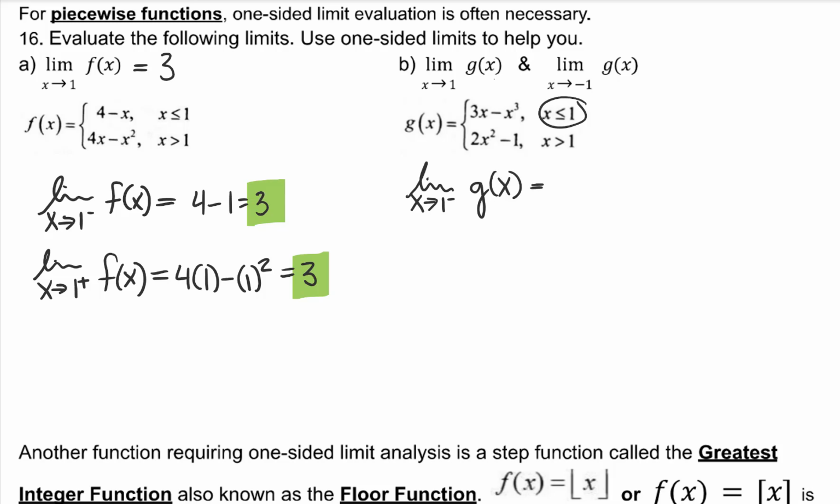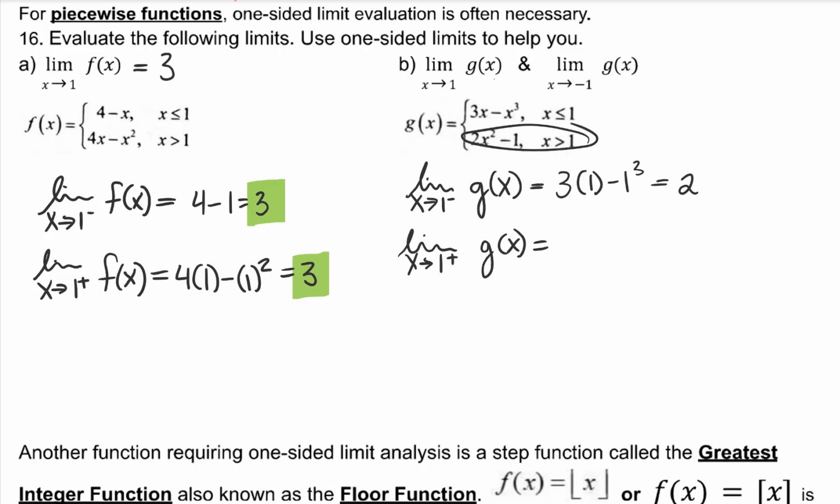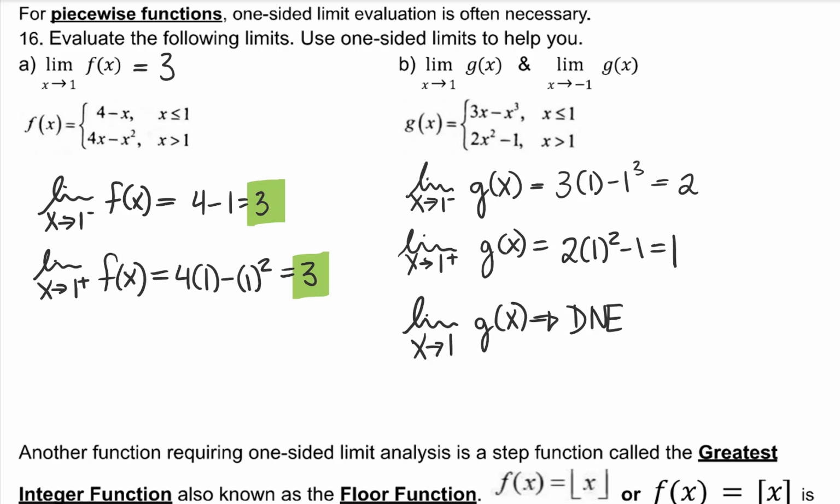For x less than 1, I'm going to use the first piece. And for x greater than 1, or as we approach 1 from the right-hand side, I'm going to use the second piece. Those one-sided limits do not match up. Therefore, the limit would not exist because there is a jump or break in the graph.